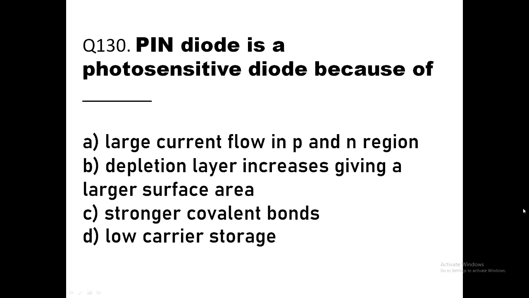And when the depletion layer increases, it increases the surface area, and when the surface area increases, it can nicely become a photosensitive diode. Photosensitive means light can be sensed and converted into an electrical quantity. So here option B will be correct. PIN diode is a photosensitive diode because the depletion layer increases, giving a larger surface area.